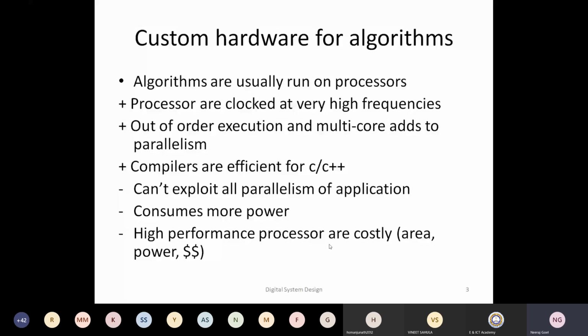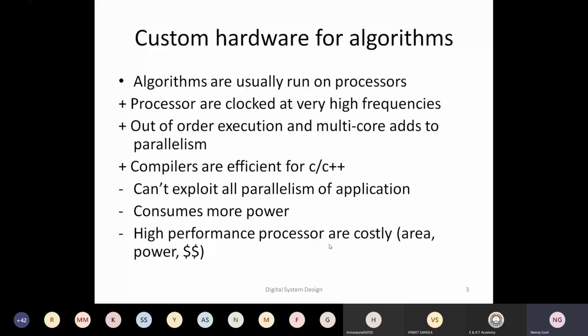Still, the idea here is to motivate whether we require some sort of custom hardware to run these applications. Sometimes we would like to run these applications or algorithms on a very specific IC or hardware designed just for that particular algorithm.